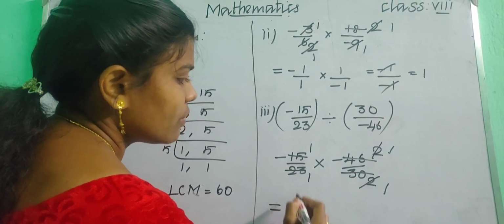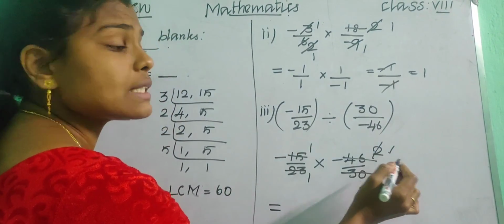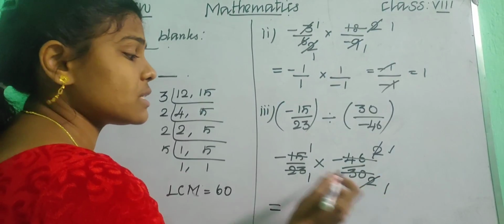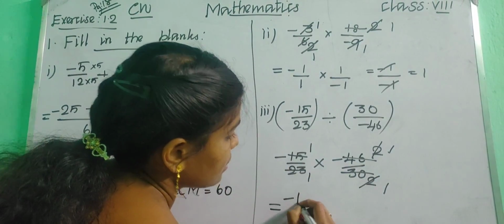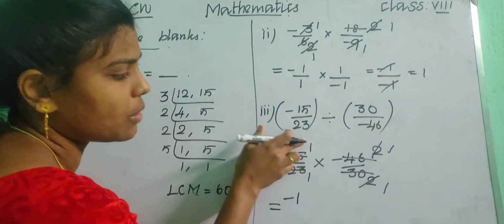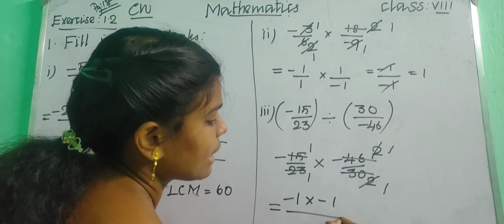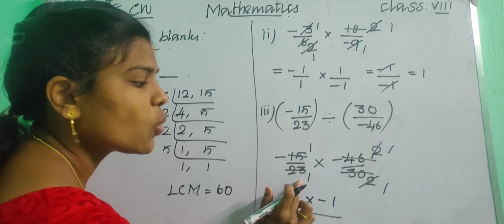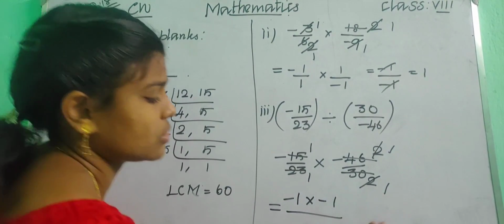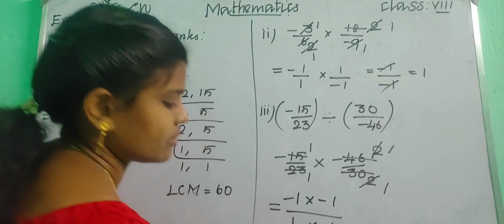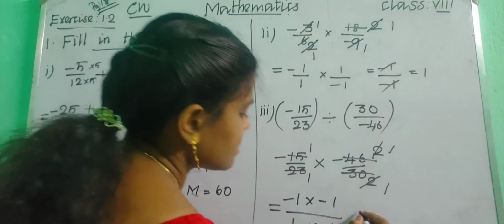Now we can multiply the corresponding numerators and corresponding denominators. Here we have minus 1 and here minus 1, so minus 1 into minus 1, and in the denominator we have 1 into 1. Now say the answer.